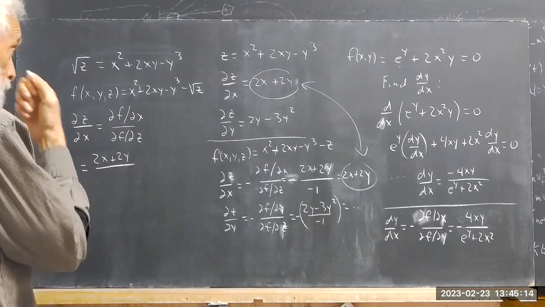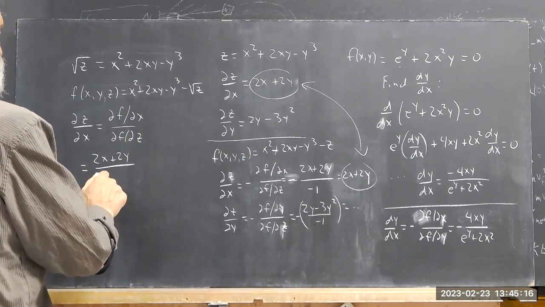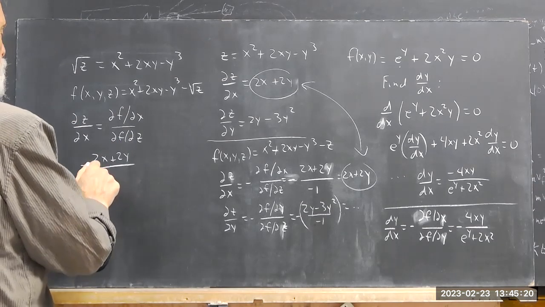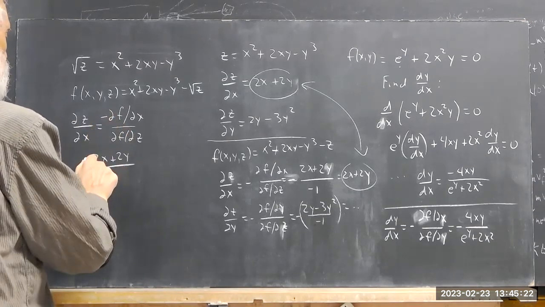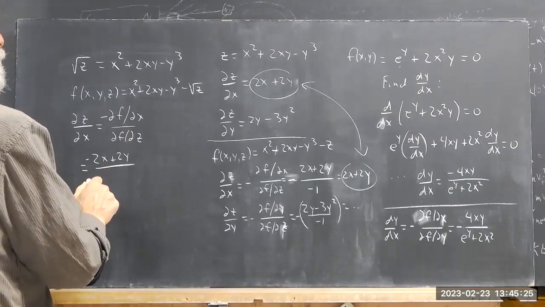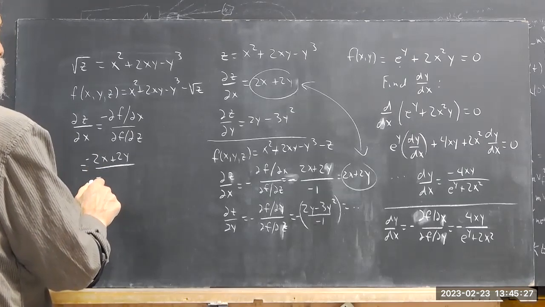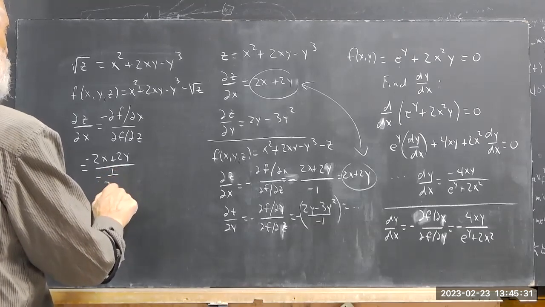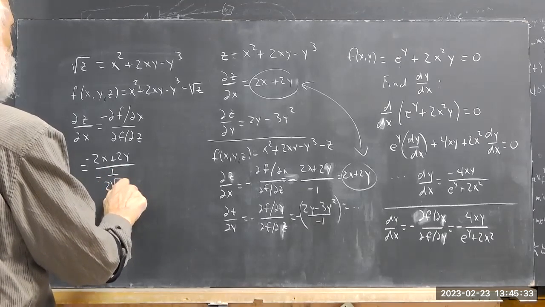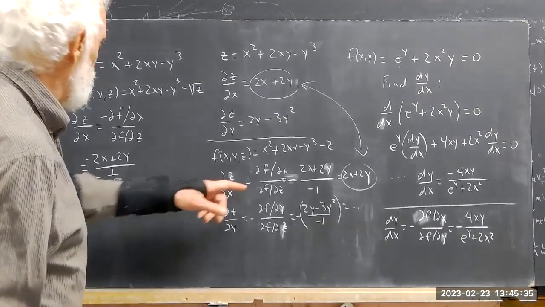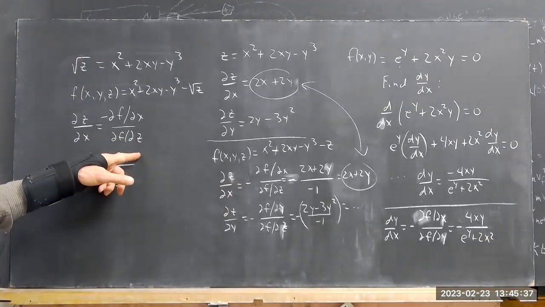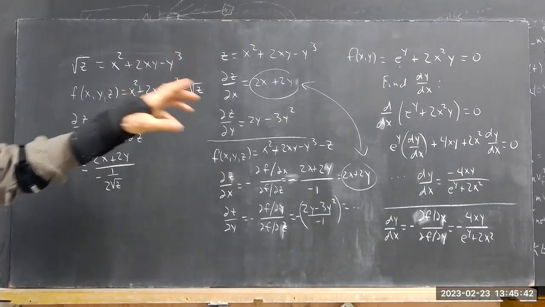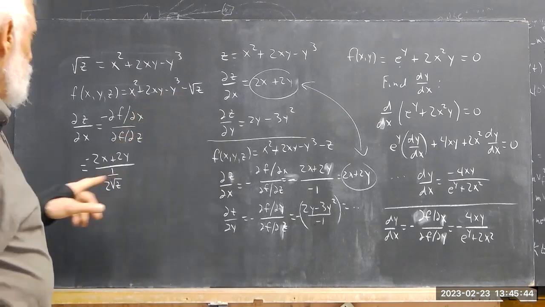In the denominator, we have to have a negative here and a negative here. We're going to get the negative of 1 over 2 square root of z, the partial of f with respect to z. Well, derivative of the square root with respect to z is 1 over 2 square root of z. And we'll have a negative sign.